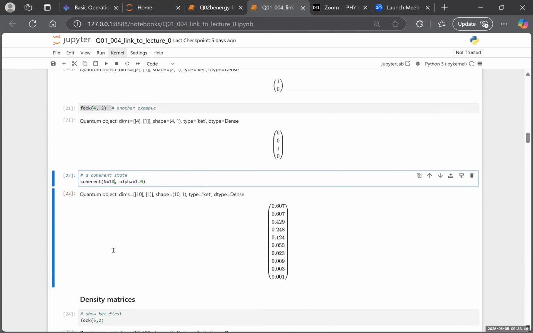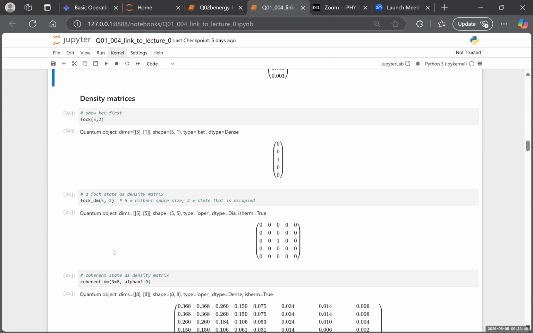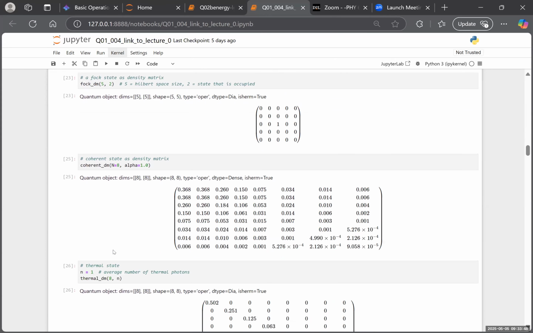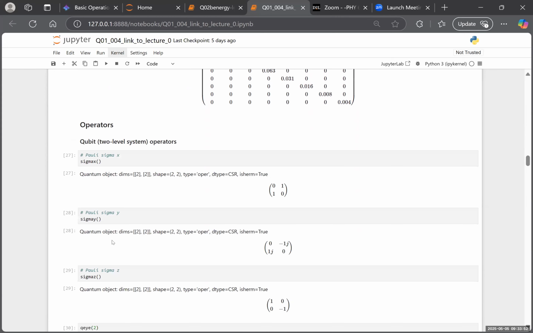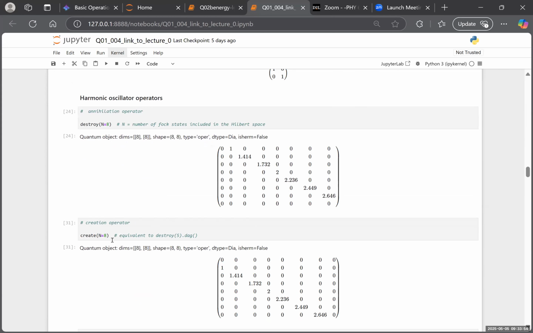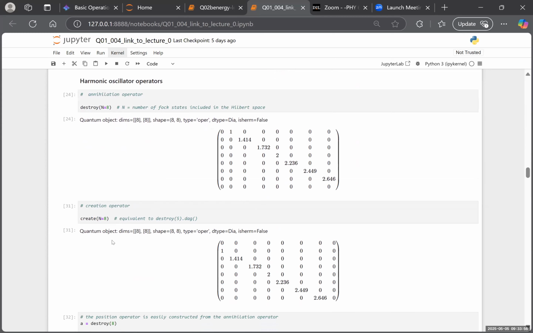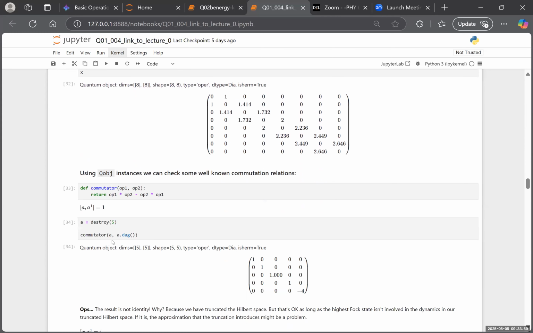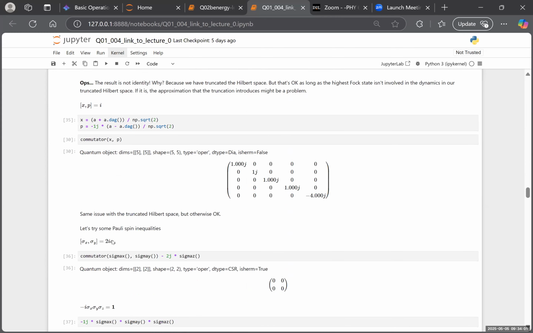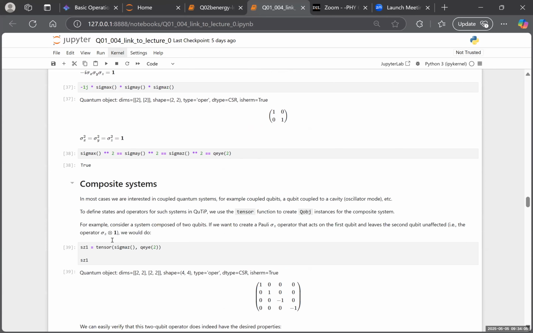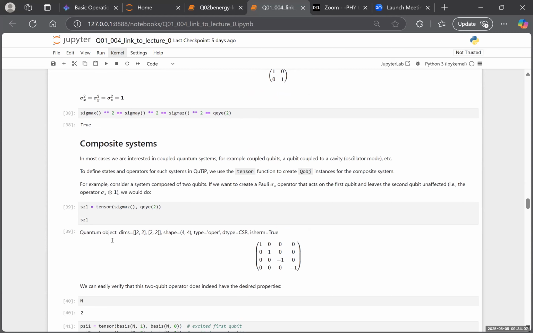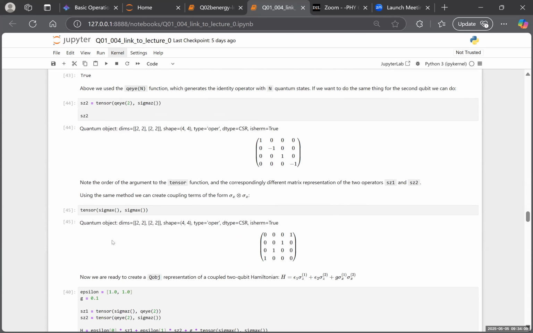It's also coherent state. And we also talked about density matrix, thermal state, thermal density matrix, Pauli X, Y, Z, harmonic oscillator, creation, annihilation operator. So I mean, this we covered last time, and you can see QuTiP has a lot of useful features.